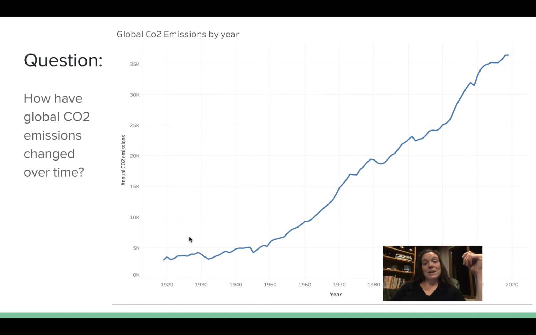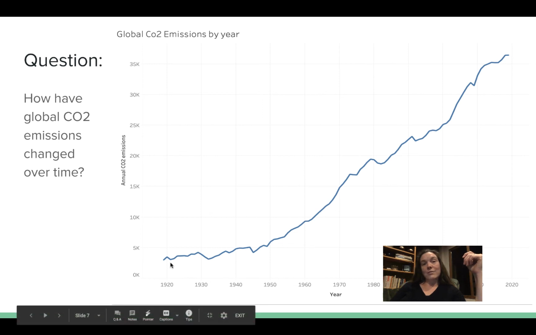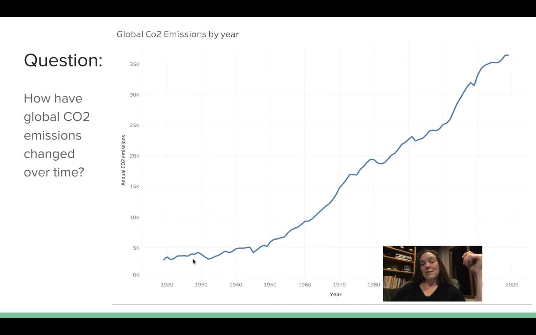There is almost an exponential growth pattern here. The rate of change has seemed to have accelerated. Up until World War II, we see a relatively flat slope, but after World War II, the pace of increase increased, and now carbon dioxide emissions are much, much higher.